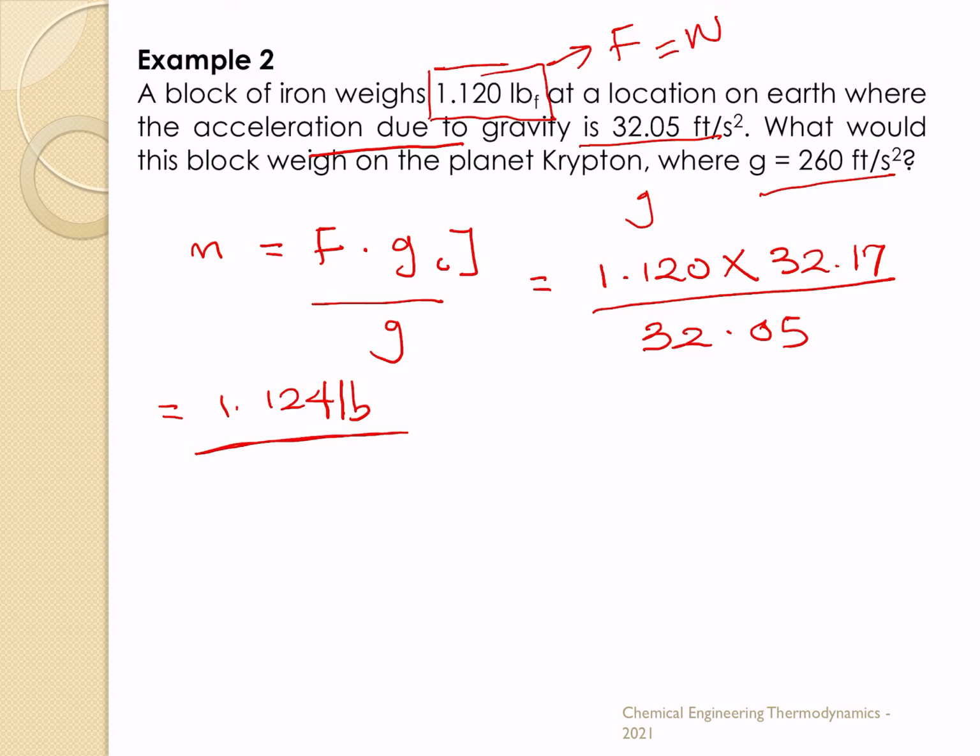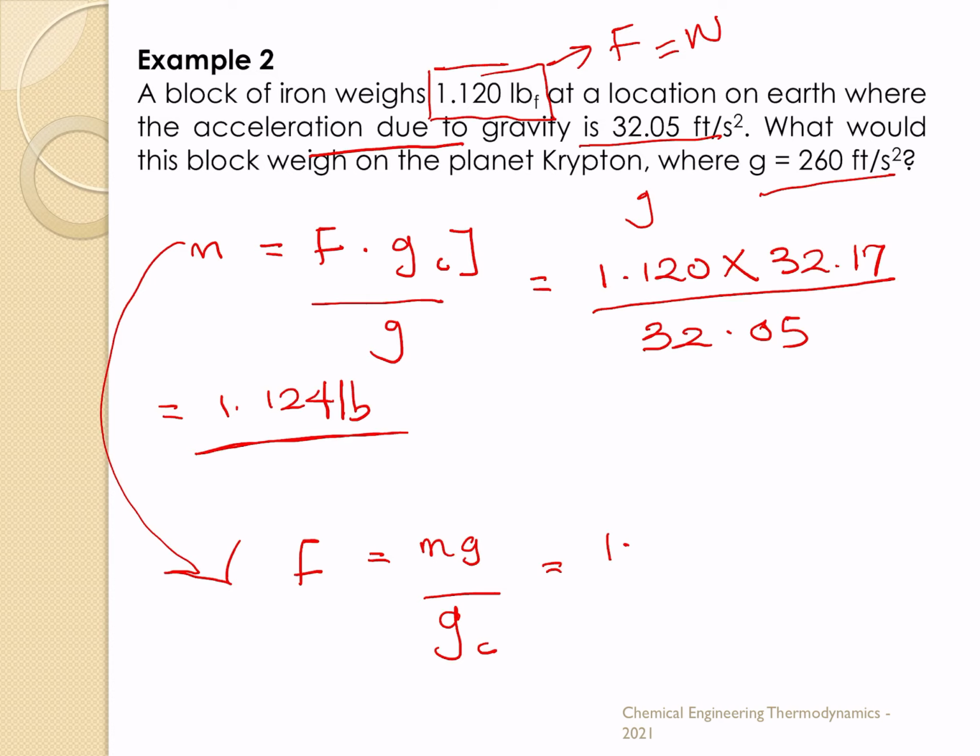So having noted this, and based on what we saw in the previous calculation, we can say that from this same formula, F will be equal to mg over gc. If you make F the subject of the formula, the mass, 1,124, does not vary.